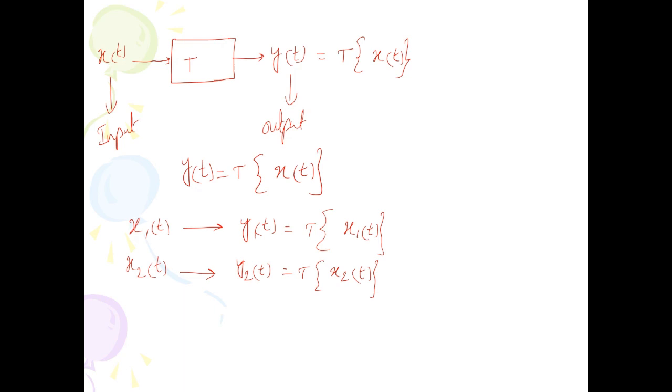Now, you apply the combined signal a into x1 of t plus b into x2 of t, then it should give a into y1 of t plus b into y2 of t. A system which satisfies this condition is called a linear system.